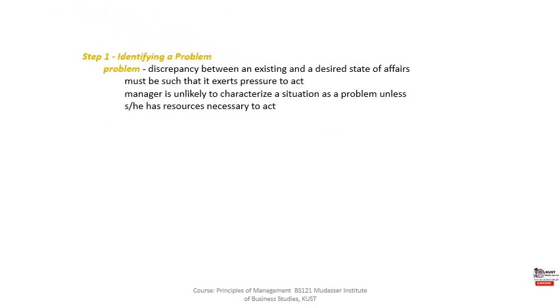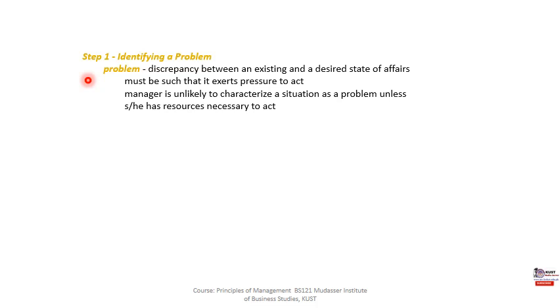Now we are going to discuss the decision making process in a bit more detail. As we discussed earlier, the first step of the decision making process is identification of the problem. First of all, let's discuss what a problem is.